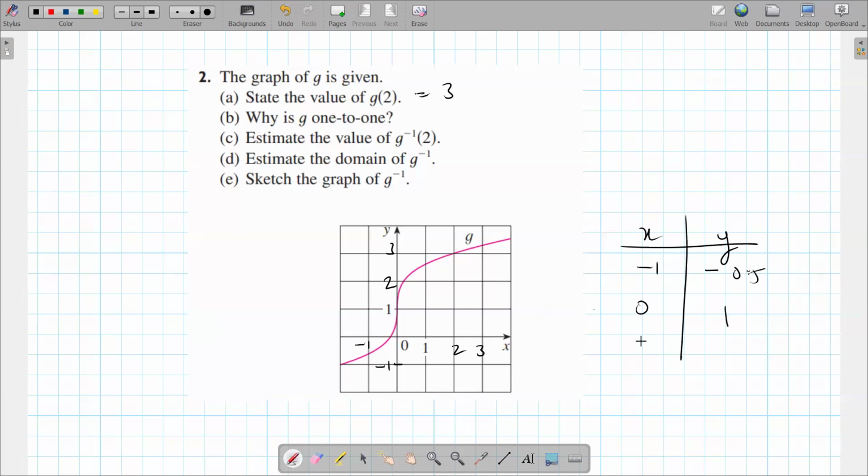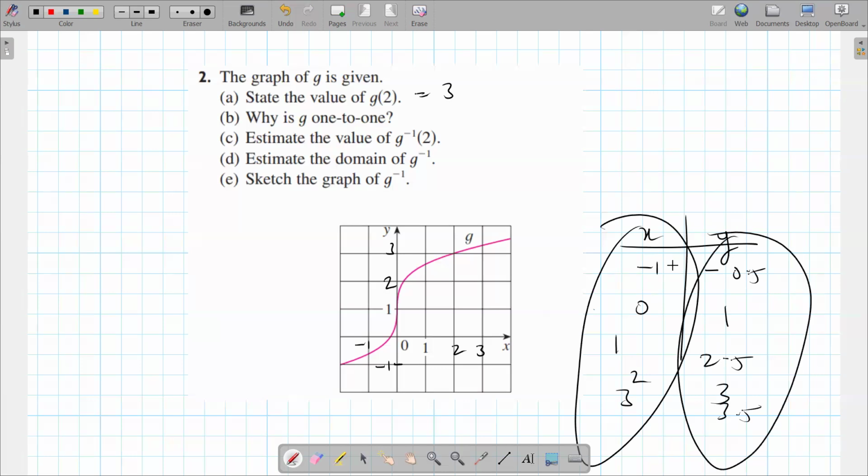At 0, it's a 1. At 1, it's like 2.5. At 2, it's a 3. At 3, it's 3.5. You'll see that all the points are unique. -1 only goes to negative 0.5. 0 only goes to 1. 1 only goes to this. This only goes to this. There's no repeating points. That's why it is one-to-one.